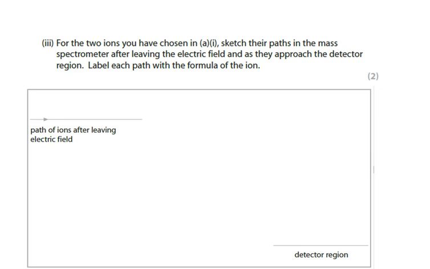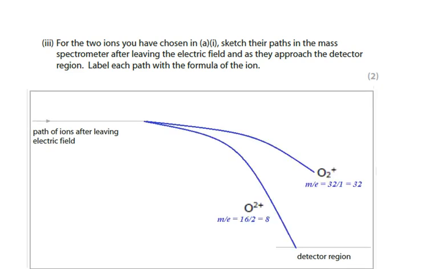How are they deflected? Remember that whichever ions you choose, the one with lighter m/e will be deflected more than the one with heavier m/e. For example, if I have something with higher charge, like oxygen 2+, then the m/e is low. m/e is low, that means it will be deflected more.